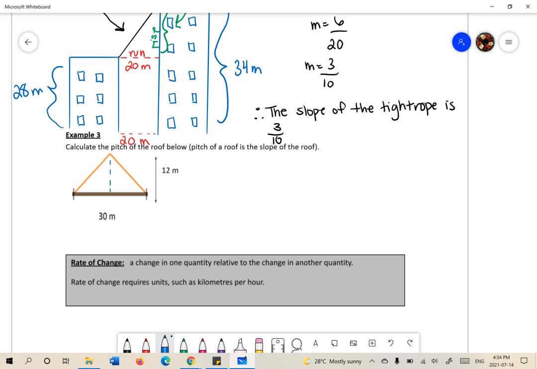So since I divided the roof into 2, that means that this half of my run is 15, and this would also be another 15. And I already have my rise. My rise is 12.